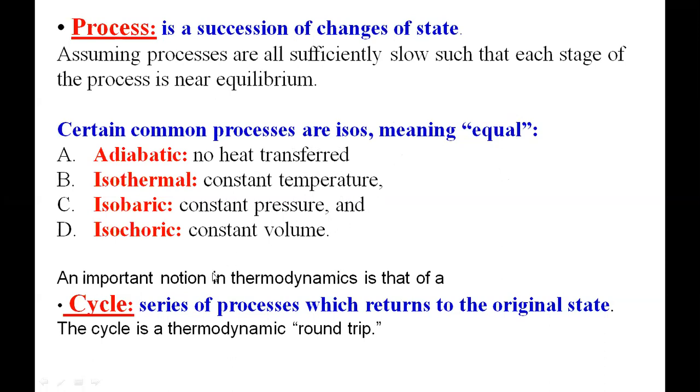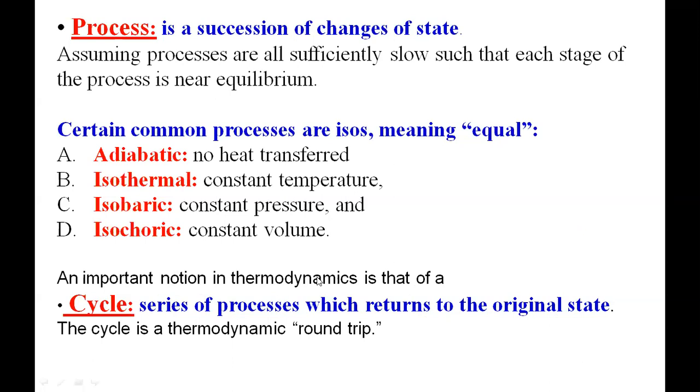So we have to know the definitions of these processes, and an important notion in thermodynamics is that of a cycle. What is the cycle? A cycle is a series of processes which returns to the original state. So we start from the initial state and we come back again to the original state.